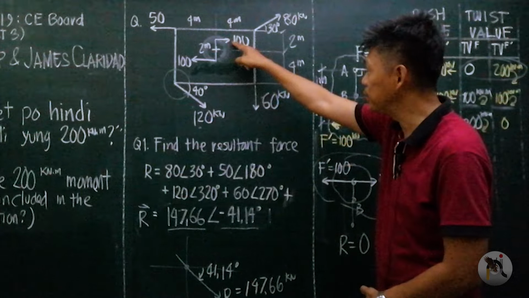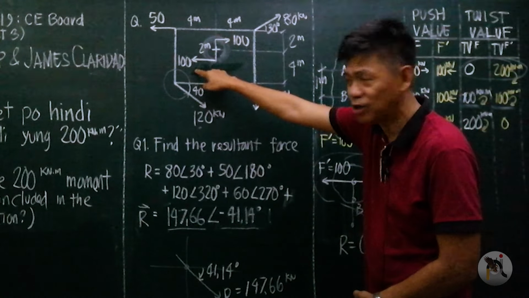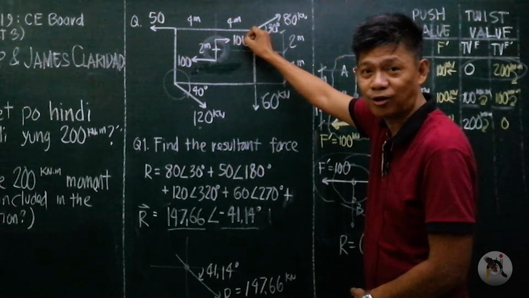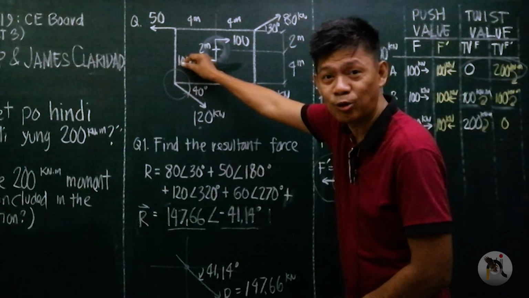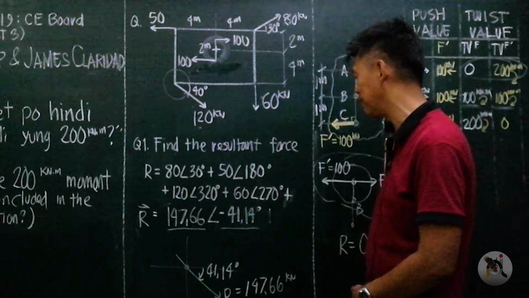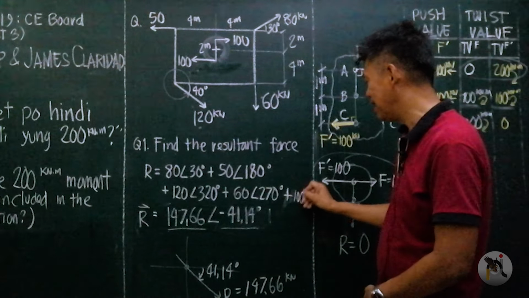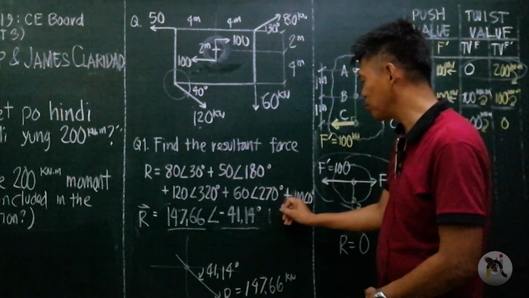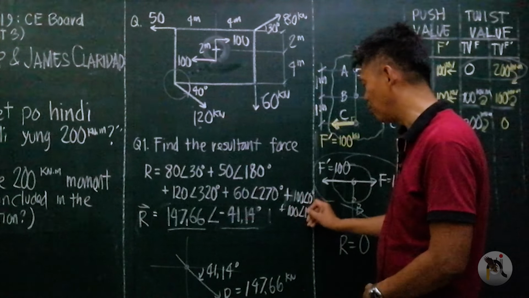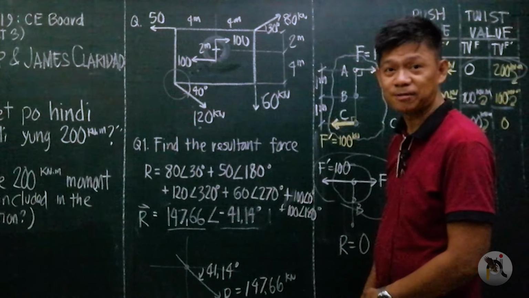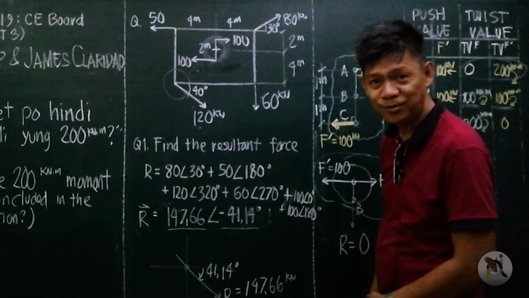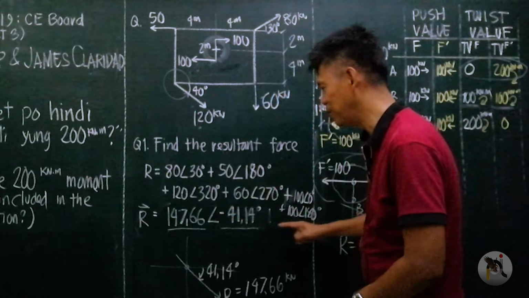The push value of this and the push value of this will be 0 because 100 angle 0 plus 100 angle 180 will be equivalent to 0. Or you may add here 100 angle 0 plus 100 angle 180 degrees. You follow? And the resultant will be this one.